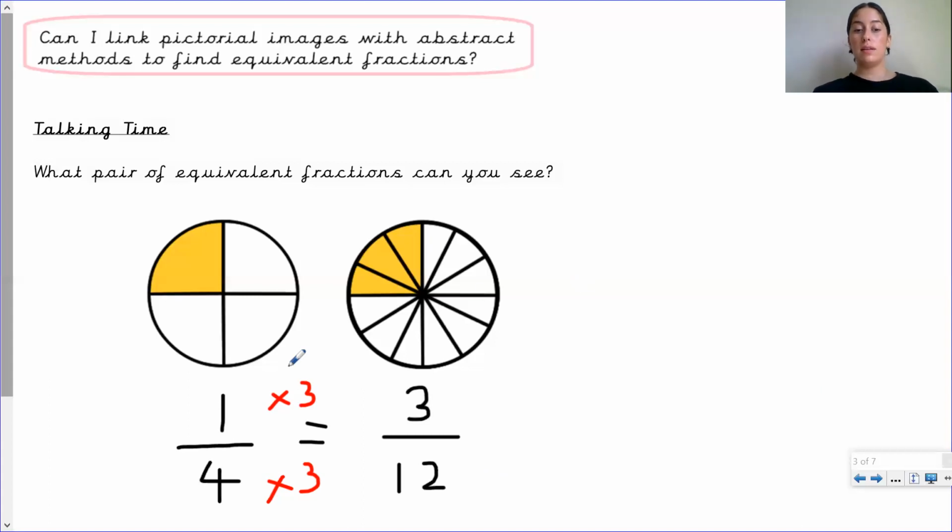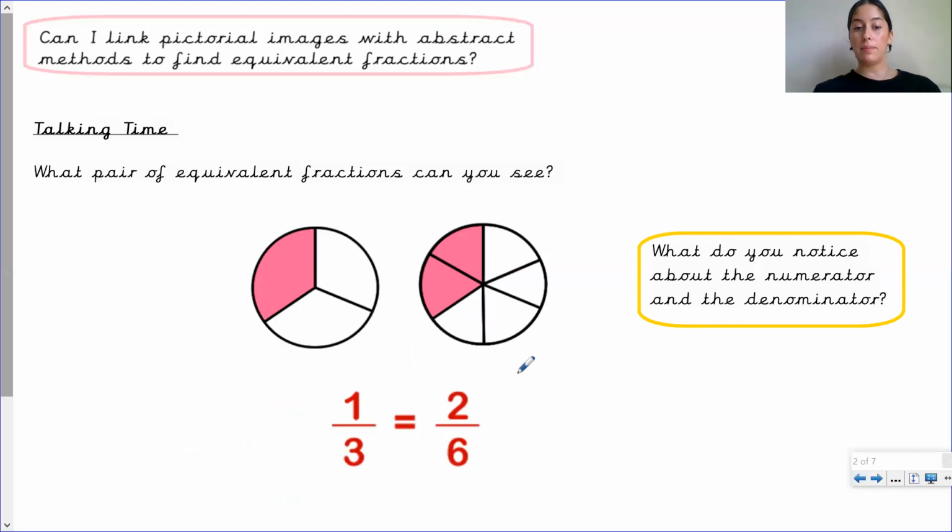So, as we can see here, if the numerator and the denominator are both multiplied by the same number, it gives us a fraction that is equivalent to the fraction that we started with.